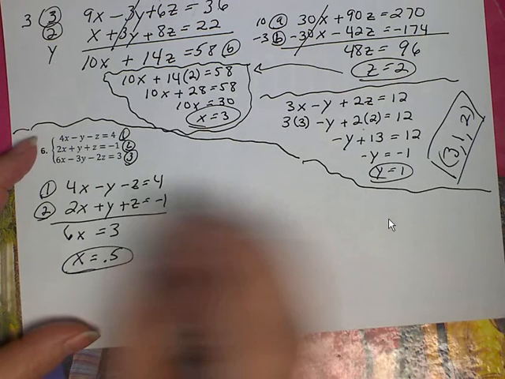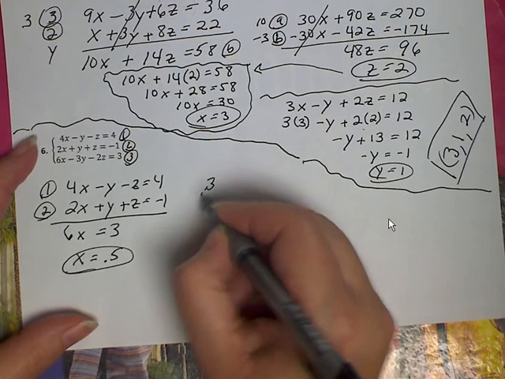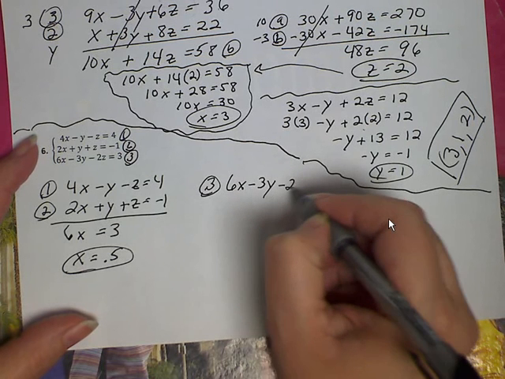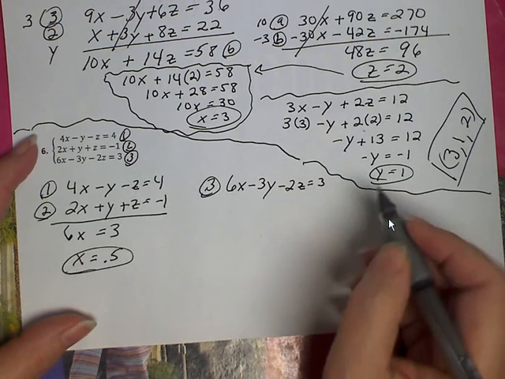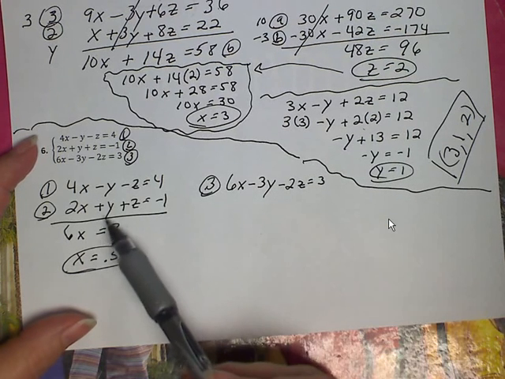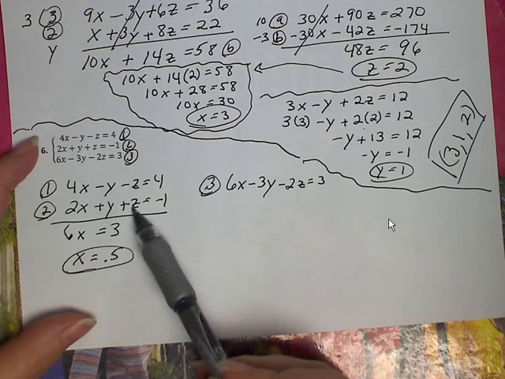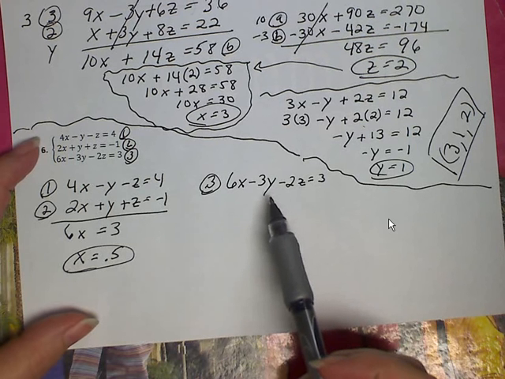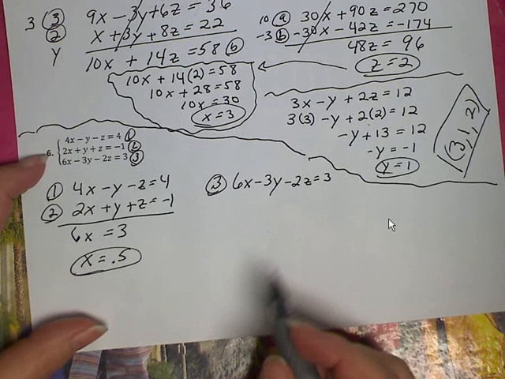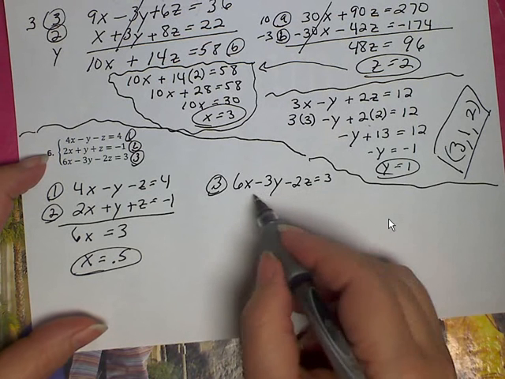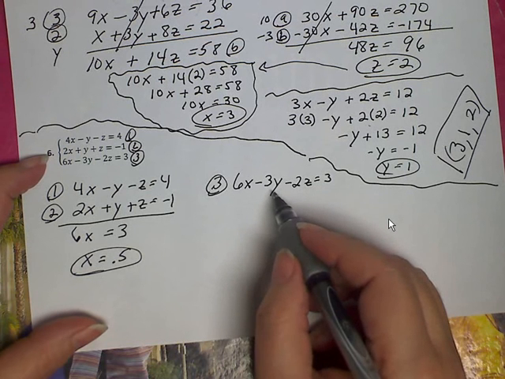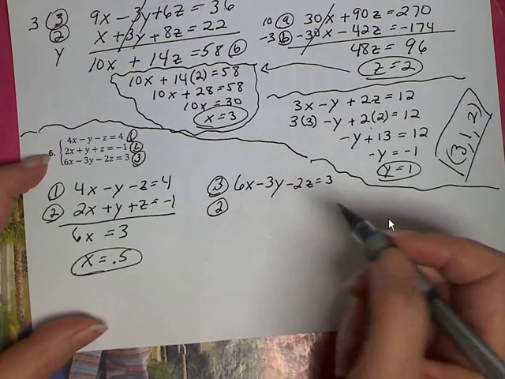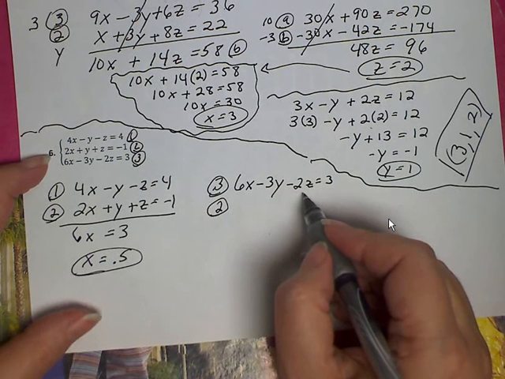I didn't use 3 yet, so I have to use 3. I have 6x minus 3y minus 2z is equal to 3. And I have to either get rid of my y's or z's. So I'm going to multiply the bottom, number 2, by 2 to get rid of my z's.